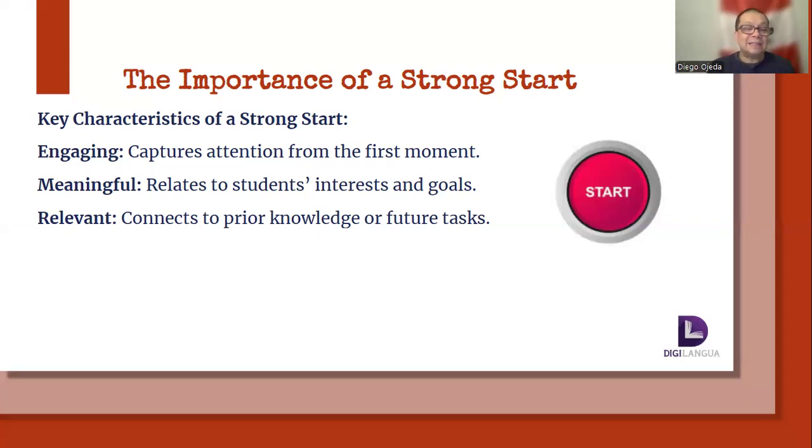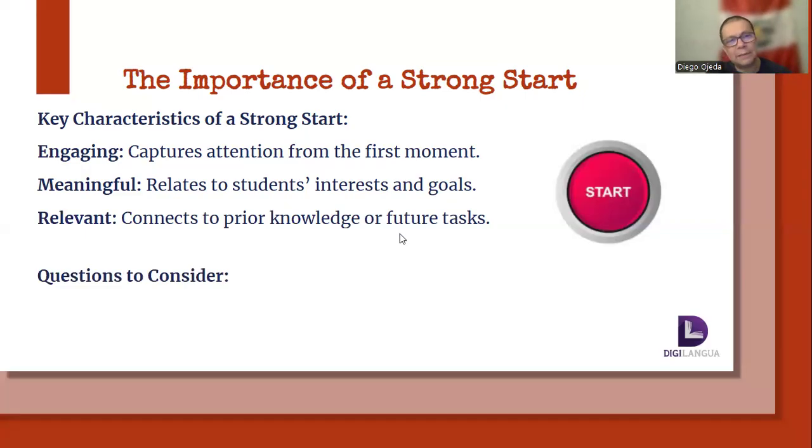So, in that sense, we need to open our classes to their identity, and not always try to just talk about the identity of the people in the Hispanic world in Spanish class. No, let's start from their own identity. Okay? So these are the characteristics of a very strong start.